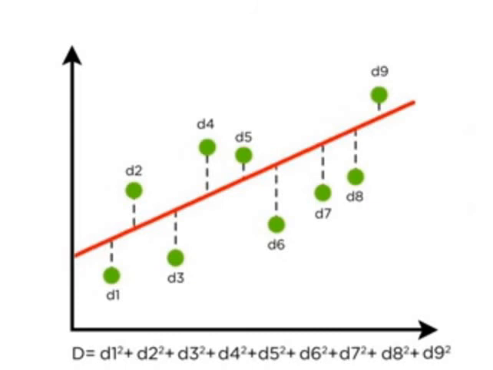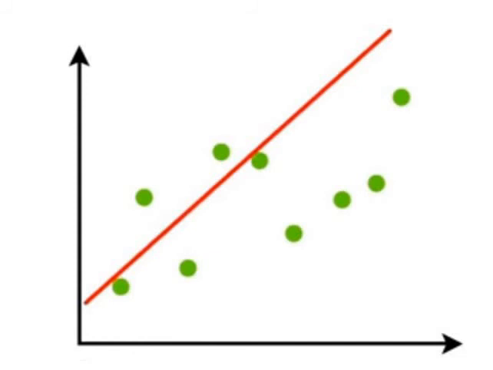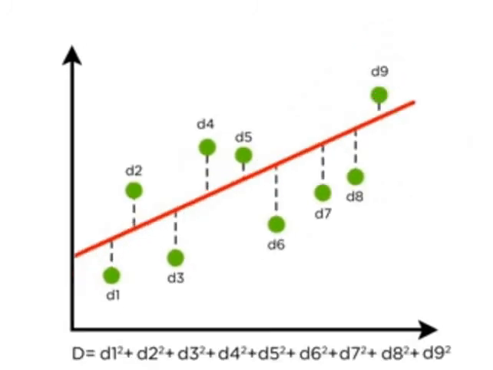This is the best fitted line because the difference between the actual value and predicted value is small. That's why we say this is the best fitted line.